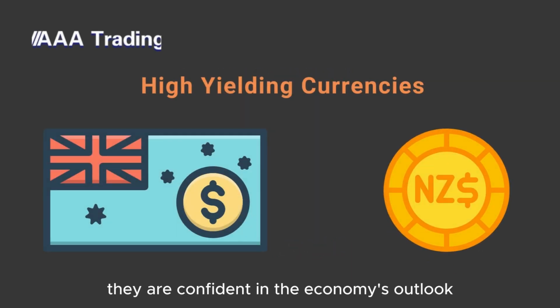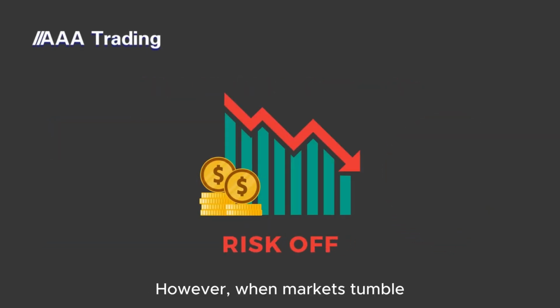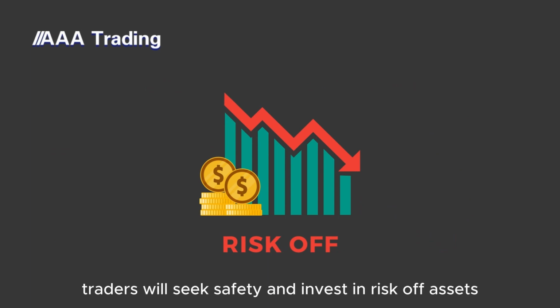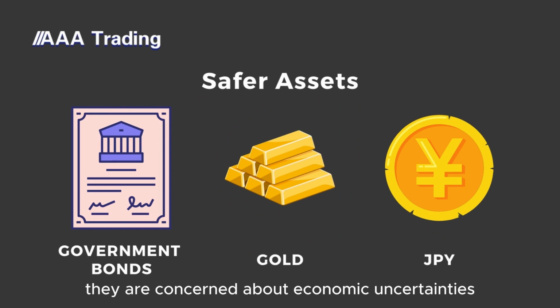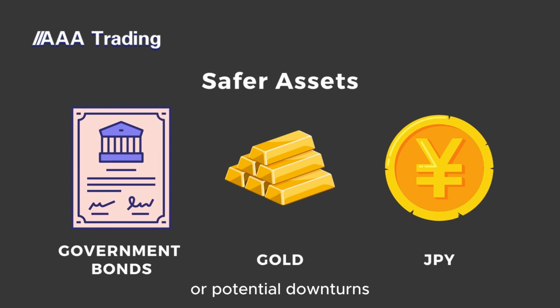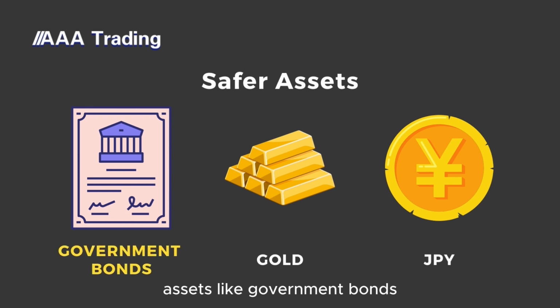They are confident in the economy's outlook and tend to invest in assets like AUD, NZD, which are high-yielding currencies. However, when markets tumble, traders will seek safety and invest in risk-off assets. They are concerned about economic uncertainties or potential downturns, leading them to shift their investments towards safer assets like government bonds, gold, or the Japanese yen.